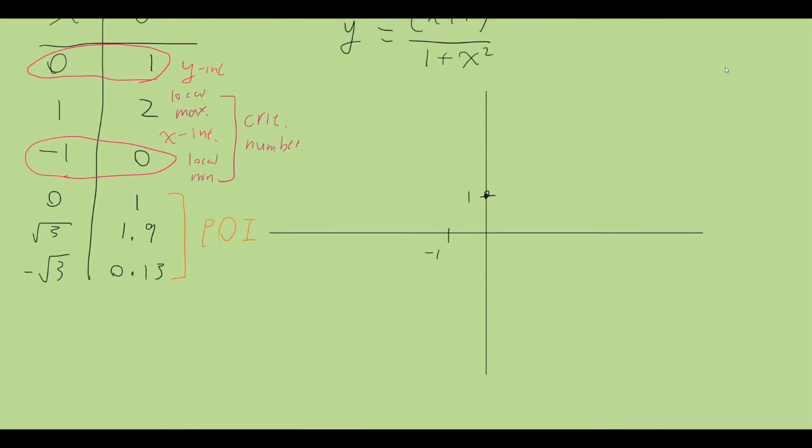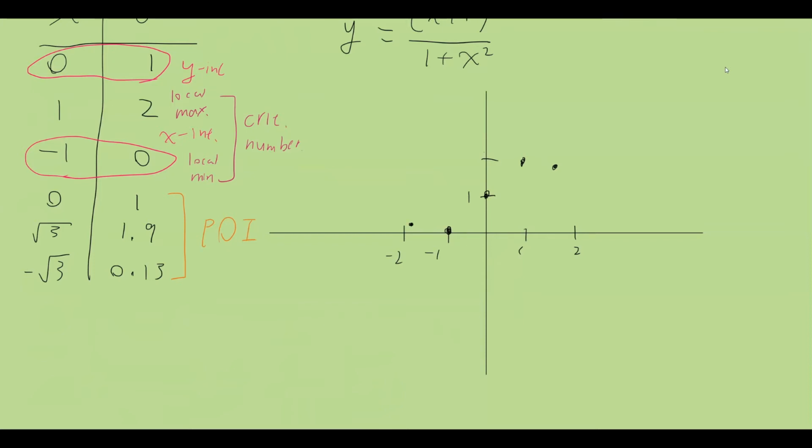Okay, negative 1, 0, 1, 2. And then radical 3, 1.9. The radical 3 is somewhere between 1 and 2, pretty close to 2. 1.9, it's about here. And then negative radical 3 and 0.13. So that will be somewhere about here.